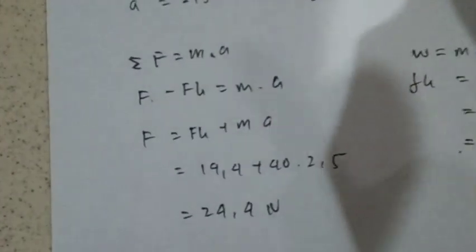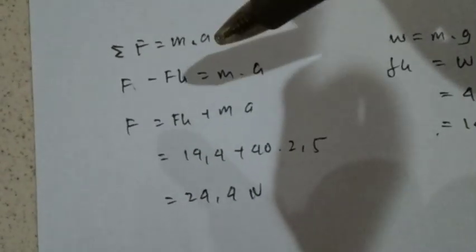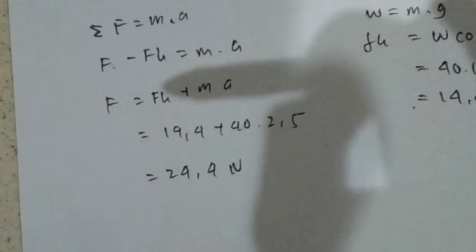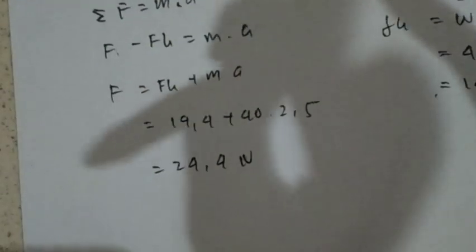And for the last one, write down mass M equals 40 kilograms, mu k equals 0.04, A equals 2.5, sigma F equals M times A. F minus Fk equals M times A. F equals Fk plus M times A equals 14.4 plus 40 times 2.5 equals 114.4 newtons.